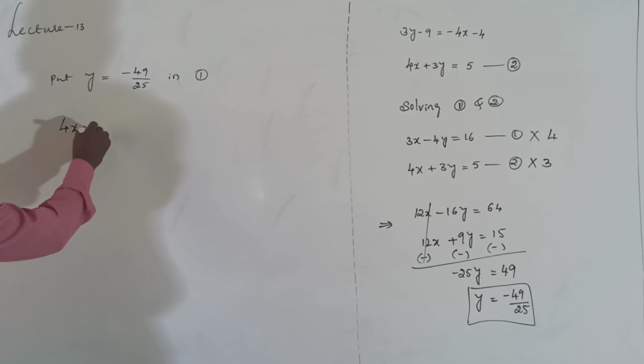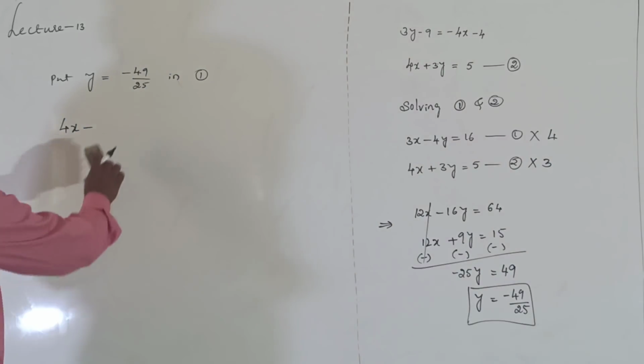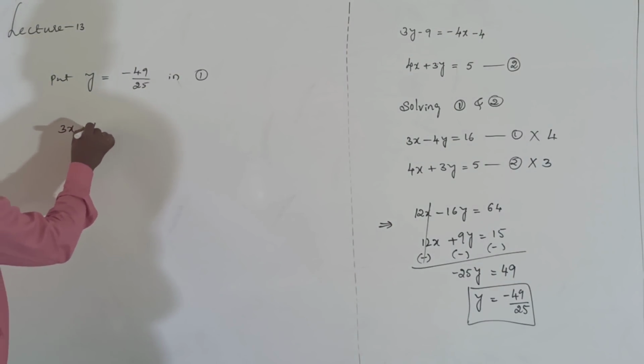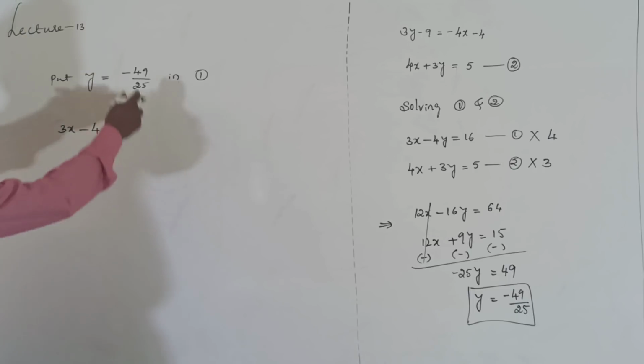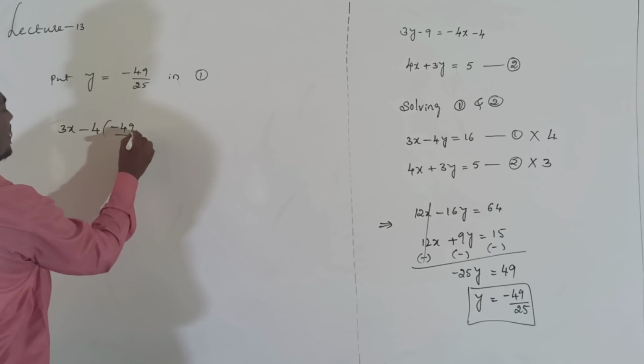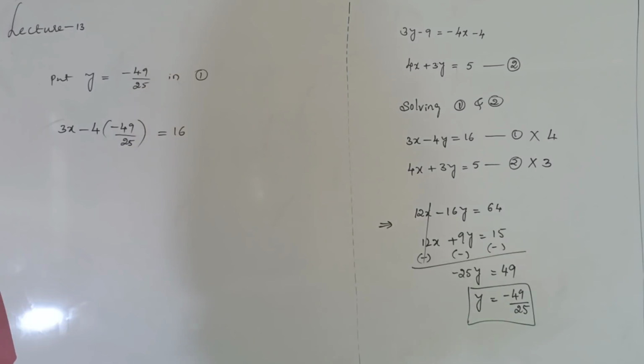Equation number 1 is 3x minus 4y. Replace the y value, that is minus 49 divided by 25. That is equal to 16, right?